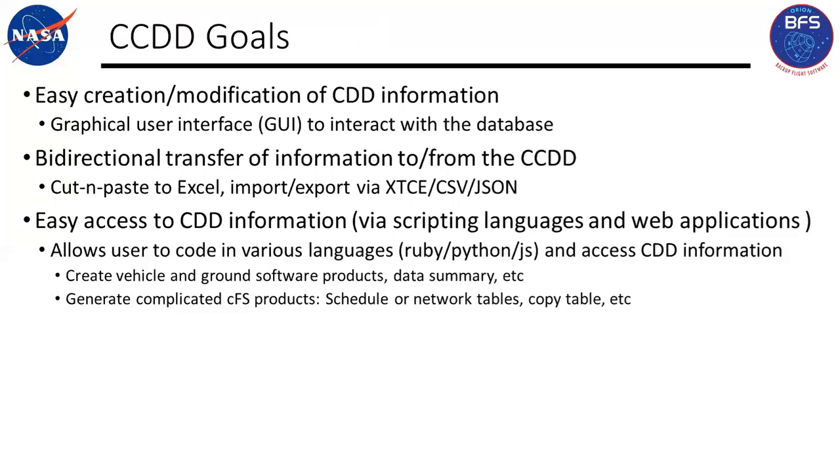And CCDD also allows easy access to the information to your own scripting language. And so if you've got a particular file format that you want to create, or some kind of thing that you want to generate, you can write your own script in one of the common languages: Ruby, Python, Java, JavaScript, so that you're able to write your own script that will have access to all the information in the database and be able to output in whatever file format that your team decides that they want to use.